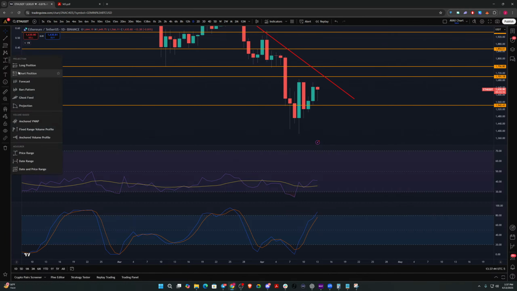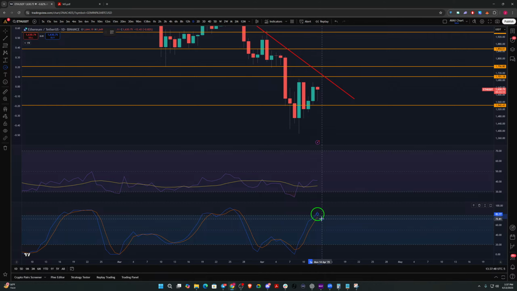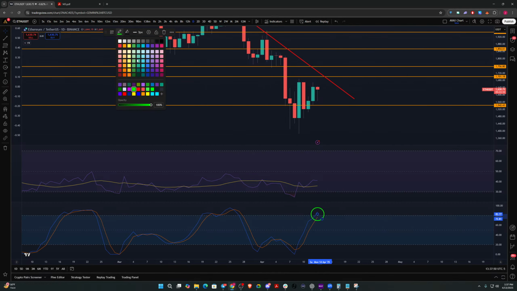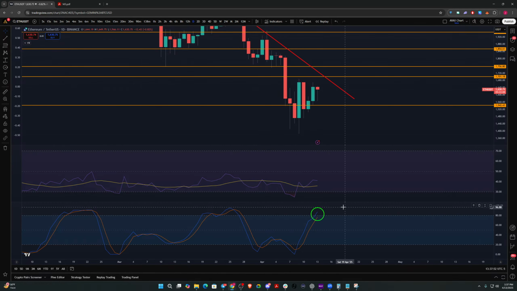But my only hesitation here, and again, why we haven't posted some trades, is because we're seeing the stock RSI start to get to the overbought territory. And this overbought territory means that we should have some type of pullback in the near future. So watching for that is definitely a big level. It's also in the middle of a range.